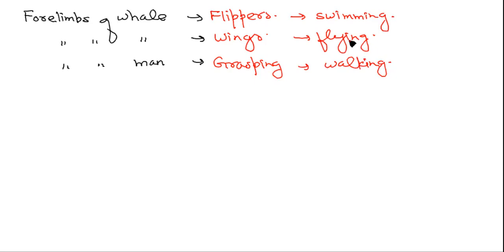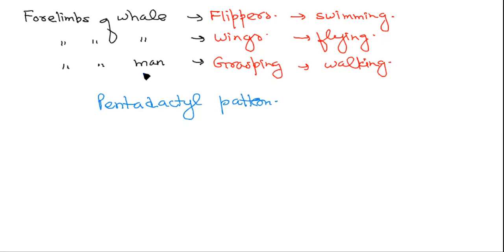But although these are constructed on the same pattern, all are pentadactyl, all have 5 digits. Penta means 5. So homology can be traced in the structure of skull and brain also, beta. These structural organizations provide a convincing evidence for the concept of evolution.